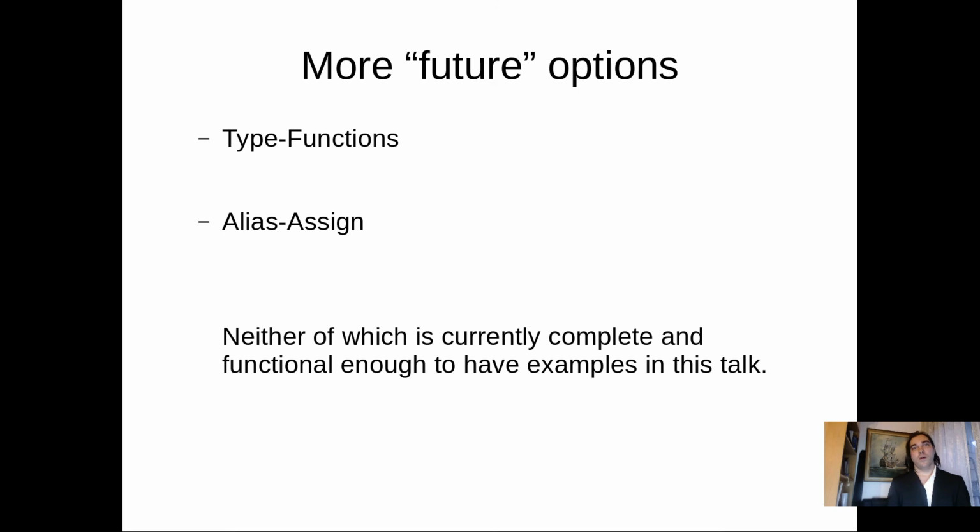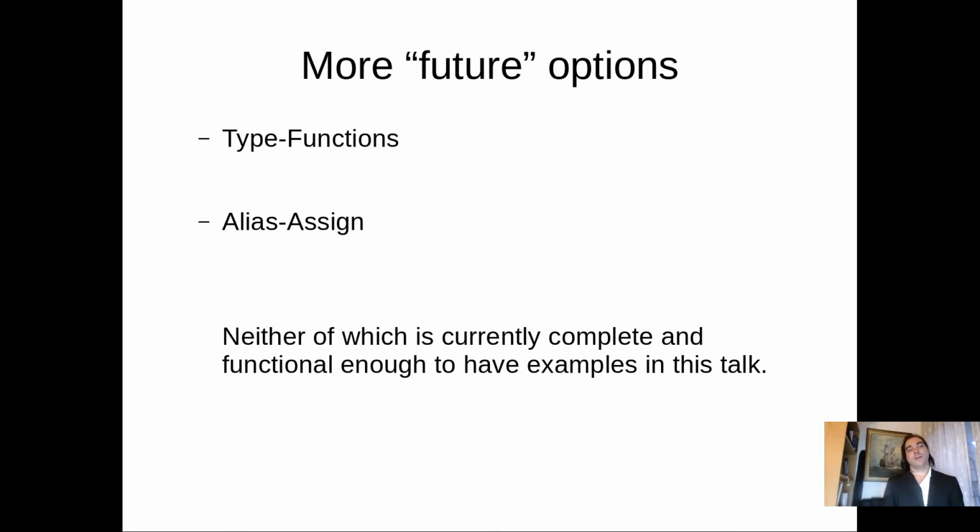I want all the things that you see to be reproducible for you. You should be able to do those measurements on your own code and see what they say, and see where you could have compile-time performance improvements, or if you can't have any. Let me talk about those two things, type functions and alias assignments, nonetheless.